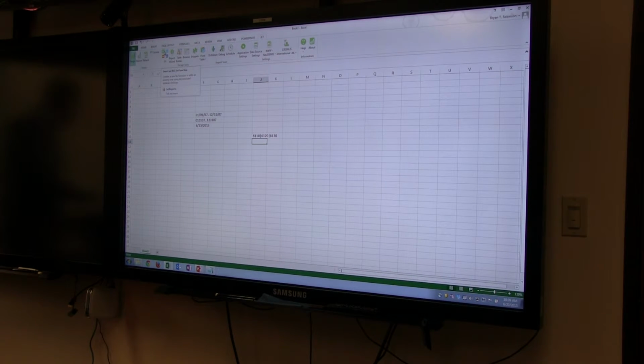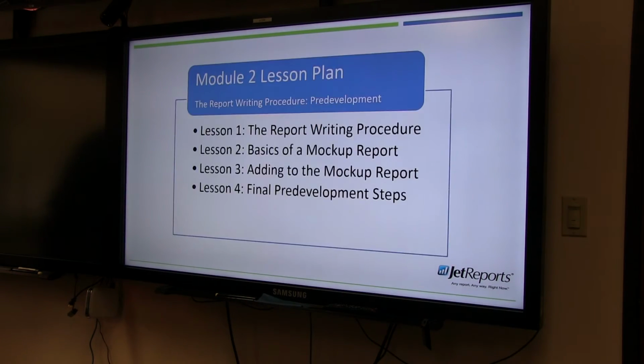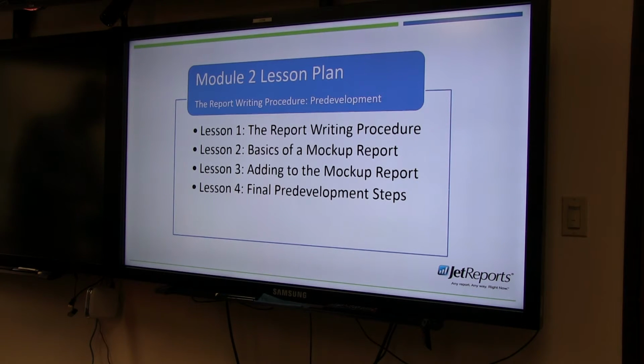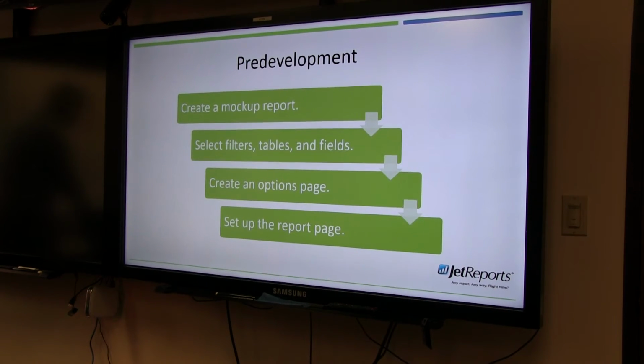So in Module 2, we're going to get into the pre-development stages of our process. In the back of our book, in the appendix, we have the basic report writing procedure. There are two versions of it. On page 5 is the abbreviated version, all 11 steps.